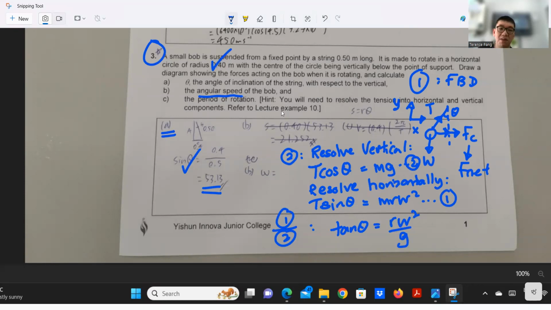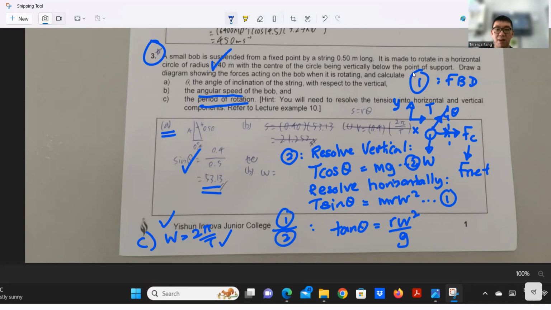What about the next one? Period of rotation. Omega equals 2 pi over T. So this is for part C. Once you find omega, you can find your T from there. So go and try to solve, and remember this method.